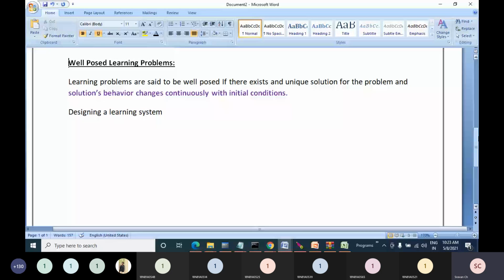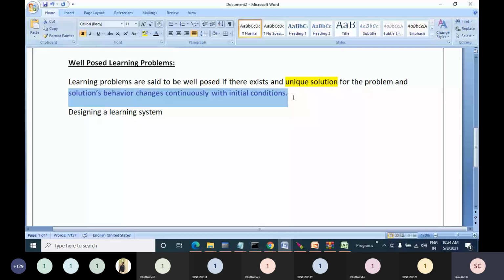Learning problems are said to be well posed if there exists a unique solution for the problem, and solution behavior changes with the initial conditions, right?